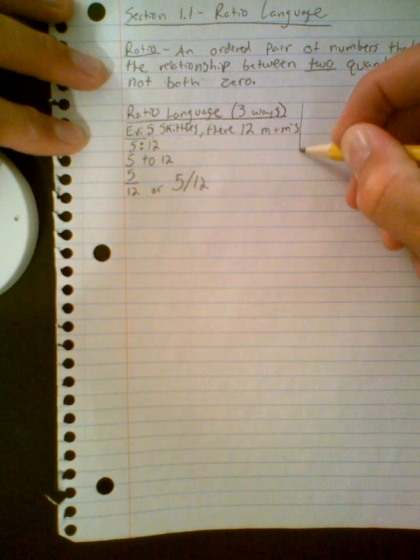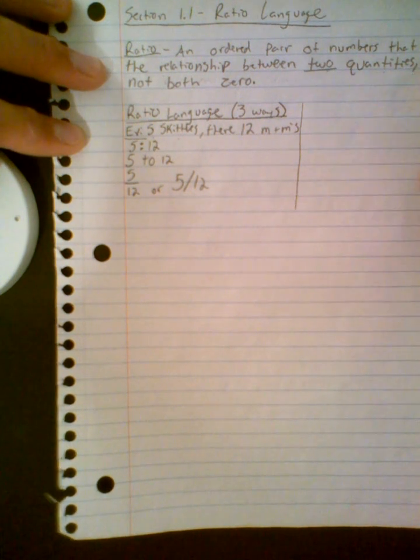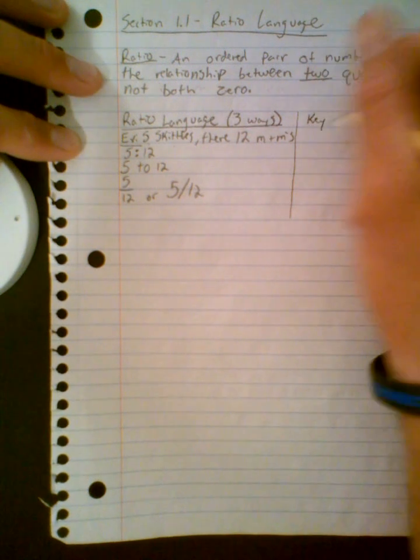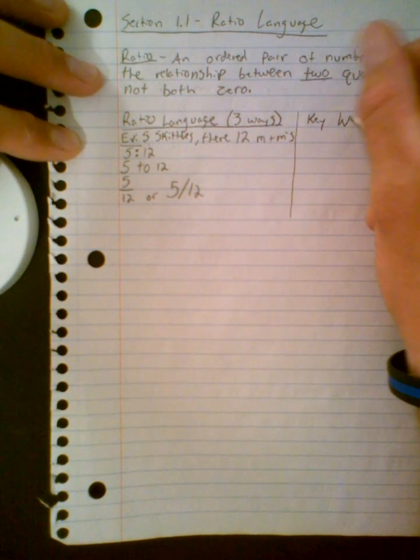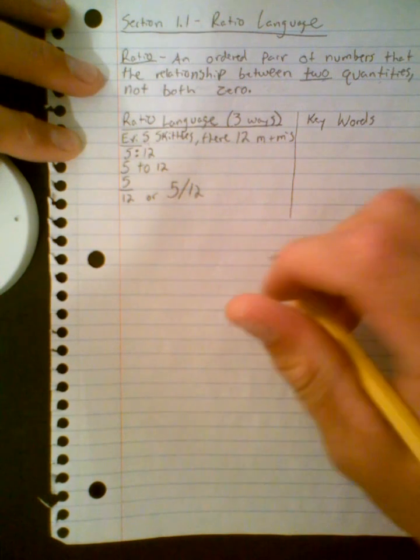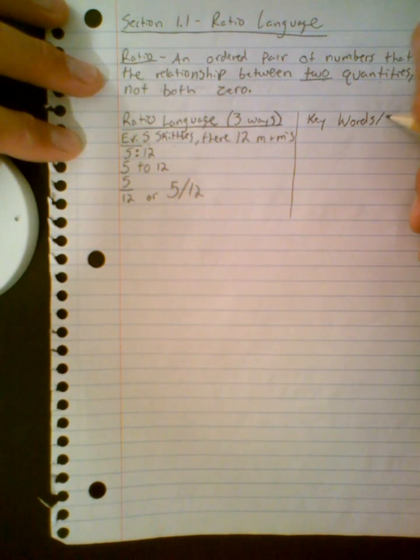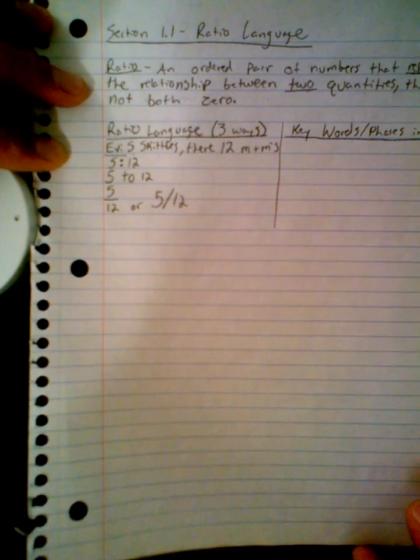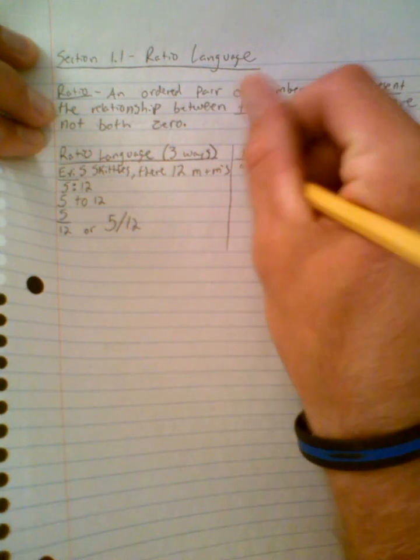Now go and just draw a little line right here. And there are keywords and phrases to describe ratios. So go and write keywords/phrases and ratios. Okay, so the first keyword is to.